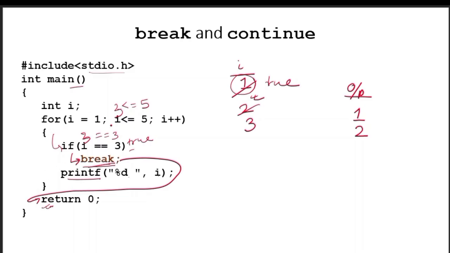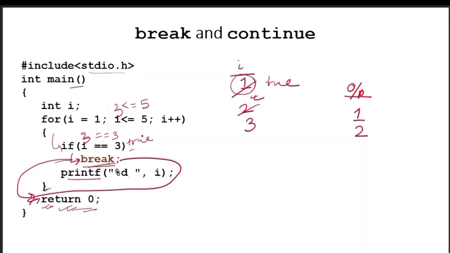No more i will be incremented. No other statement below the break statement will be executed further. From here itself it is going to come out of the loop. It will bring the control out of the loop and exit the loop, and the statement return 0 will be executed.